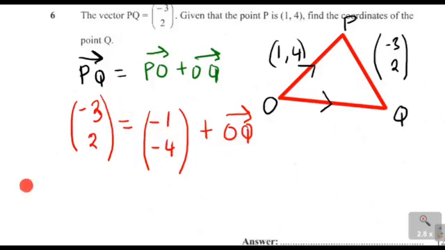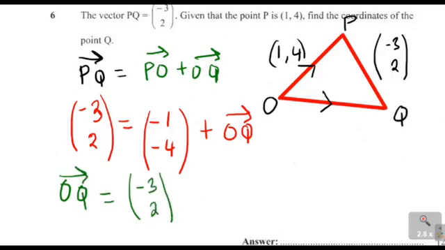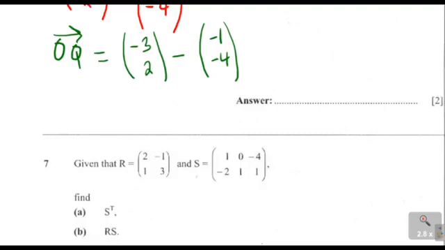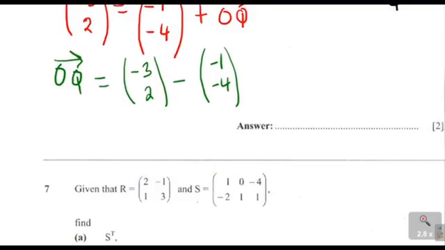We are going to have the OQ vector equal to negative 3, 2, then minus negative 1, negative 4, like this. Once we do our normal subtraction, this will give us the answer.